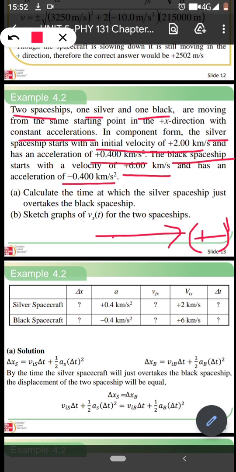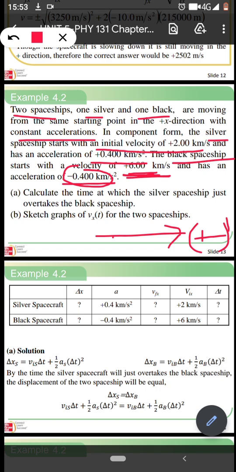They are moving in the same direction, but this one is probably starting to slow down, and it has of course started with a higher initial velocity.